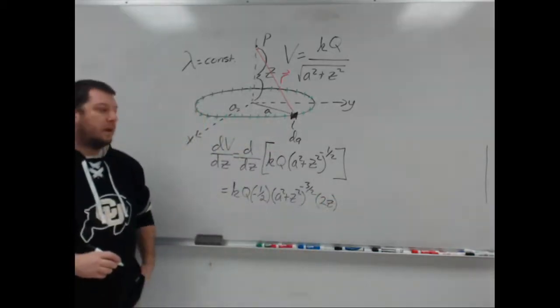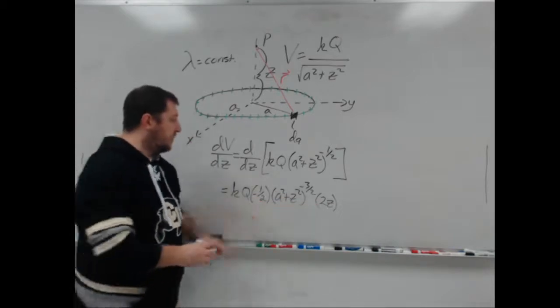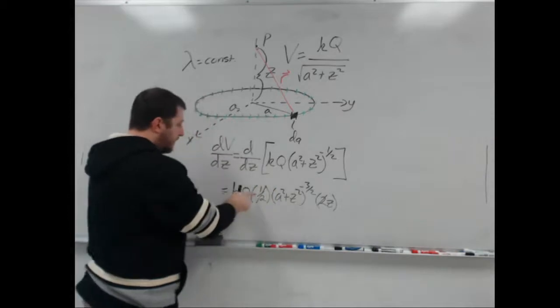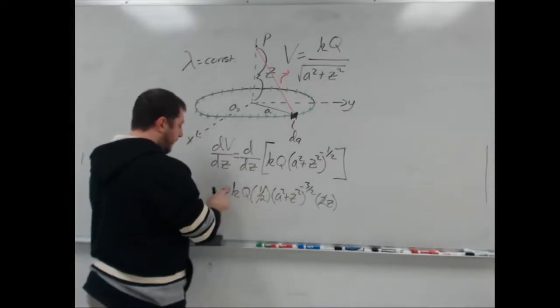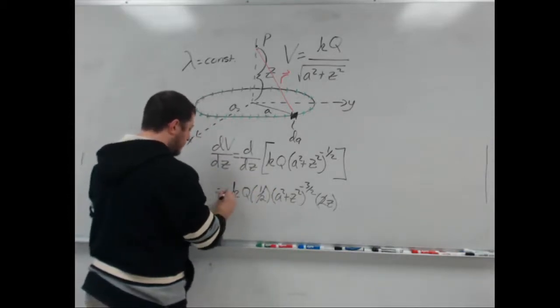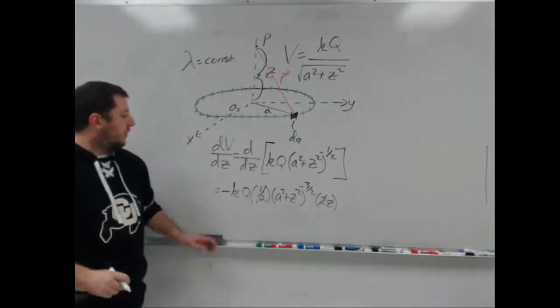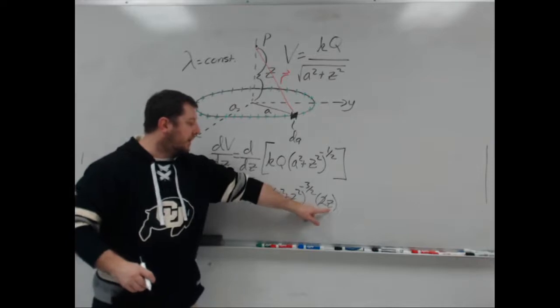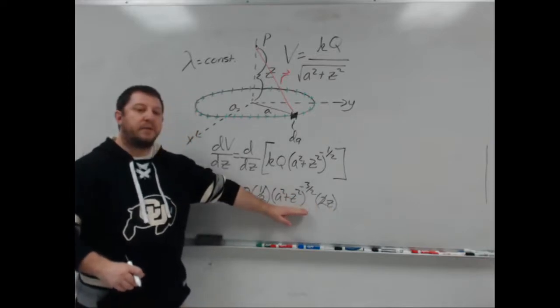And my 2 and my negative 1/2 cancel out. And so this negative sign still is out here. So another way of writing this is kqz over a squared plus z squared to the 3/2.